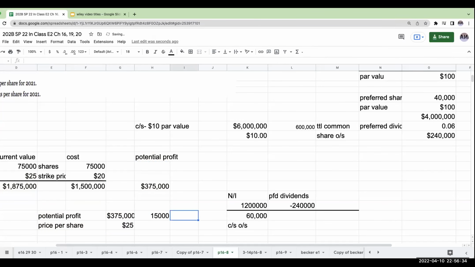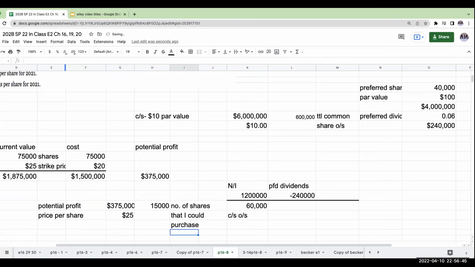So the number of shares that I could purchase if I cashed them in is what I'm going to be putting in the denominator, which is basically the exercise of the stock options.